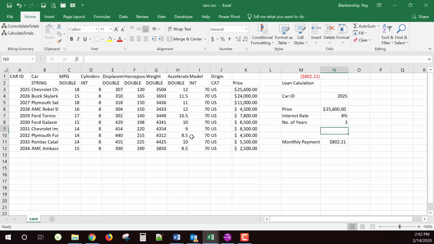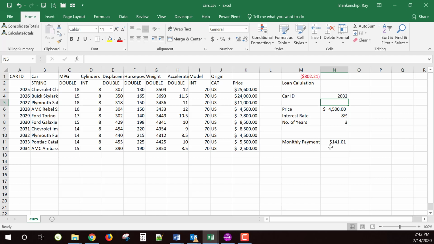Now, what's nice about this is now when the user interacts with this model, they can change this value. So let's say I want to look at 2032. Well, 2032 is right here. That has a value of 4,500. We're going to leave the interest rate the same and the number of years the same.